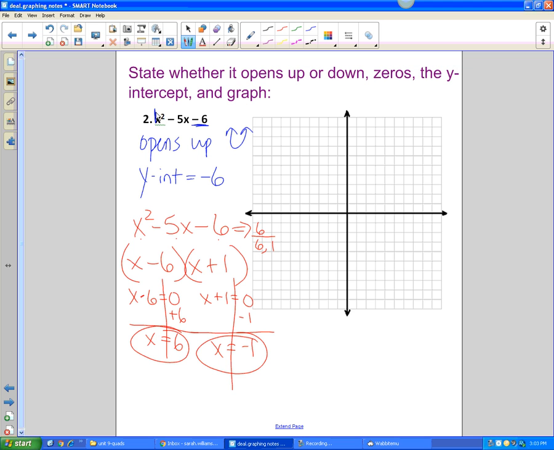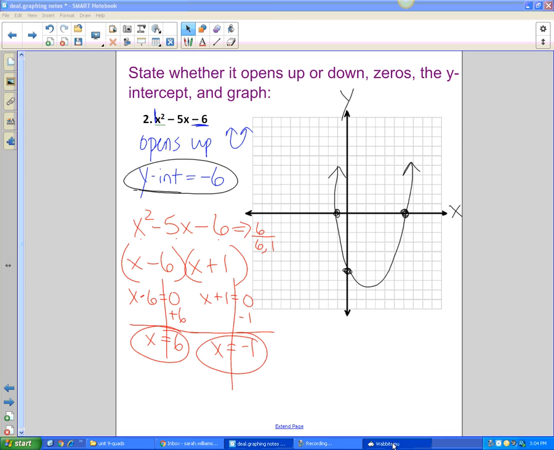Okay, so on the graph, I'm going to put the y-intercept first. So this is the y. Go down 6. 1, 2, 3, 4, 5, 6. And then I'm going to put the 2 points on the x. 1, 2, 3, 4, 5, 6. And at -1. All right, it opens up. It's going to look like this.